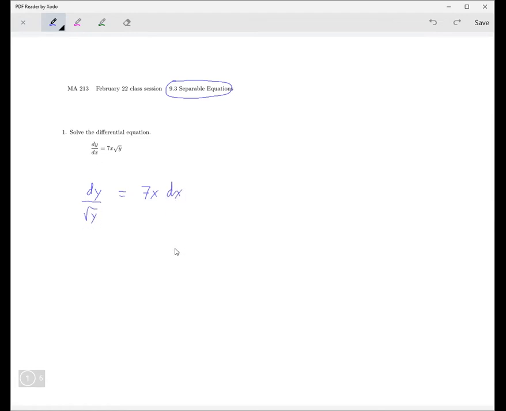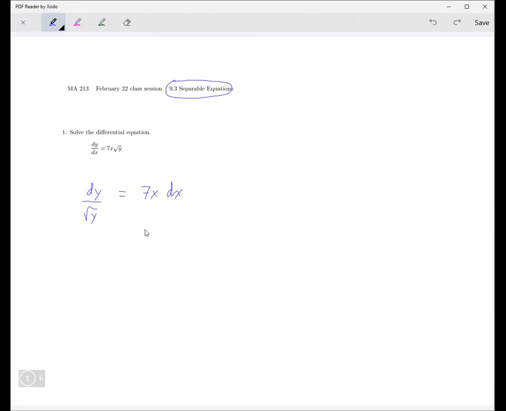It's just like some algebra, as if this was a fraction, even though it's not really a fraction. But as far as what we're doing here, you can treat it as such. Take the dx over here, and then take the square root of y over there. And then the idea is, over here we have only y's and a dy, and over here we have only x's and a dx.